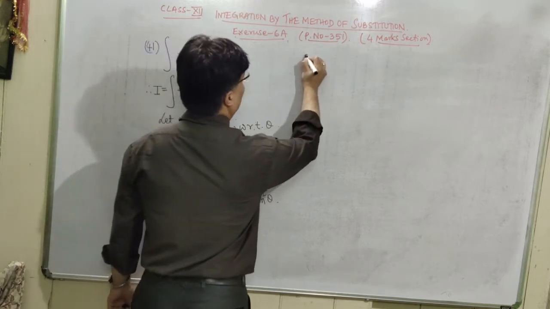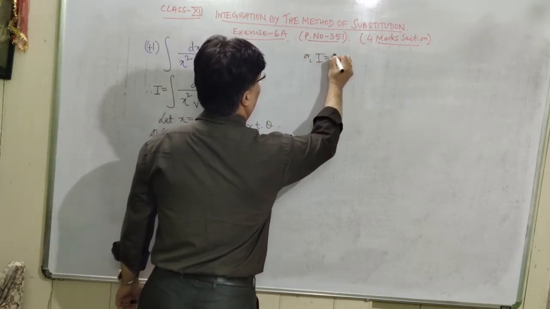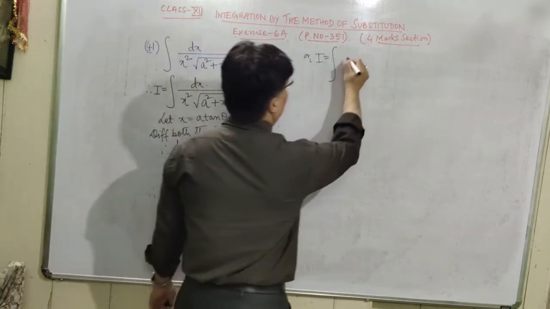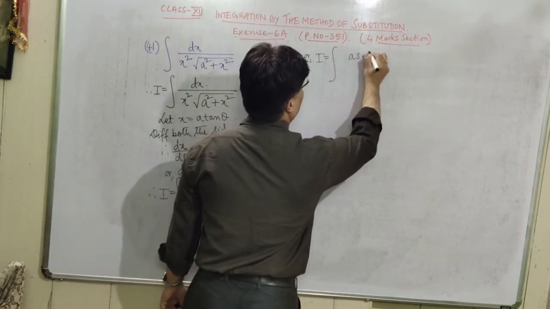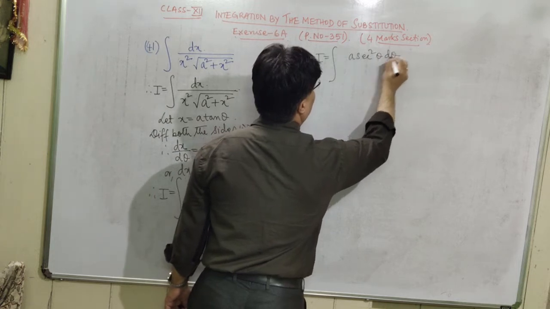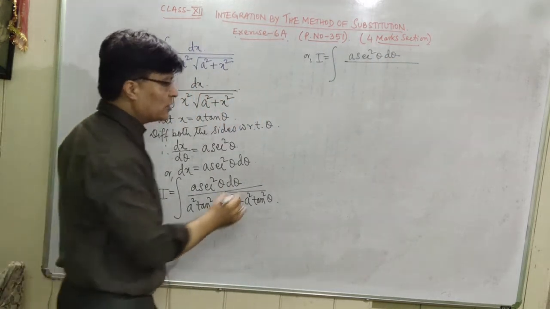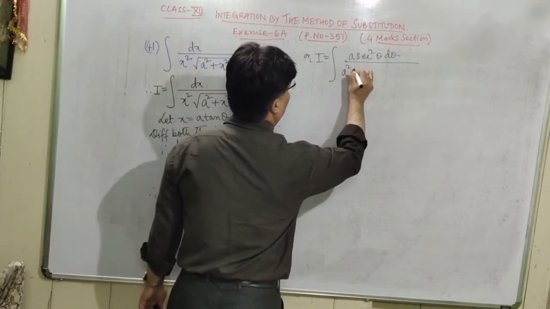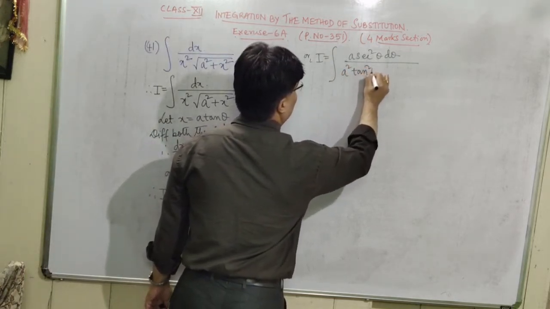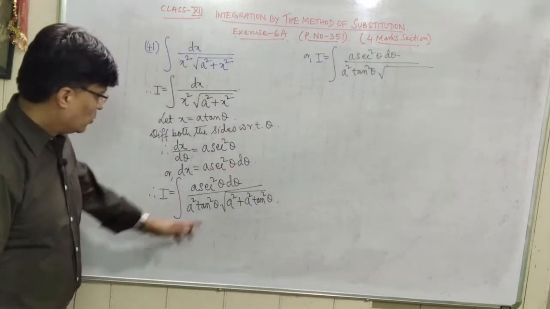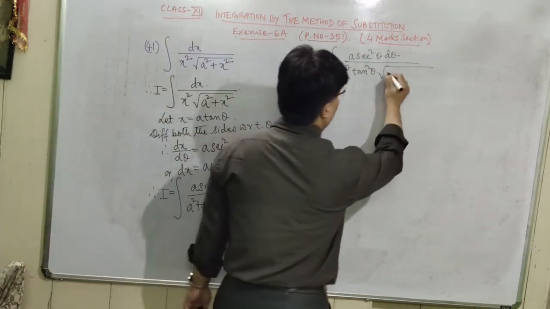Or I is equal to the integration of, in the numerator, sec square theta d theta, divided by, in the denominator, a square tan square theta, then within the square root, what is common out here? A square.